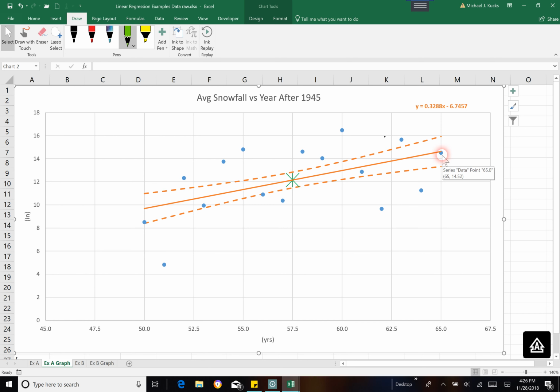Okay, so here's a picture of the blue dots, my raw data, and my trend line is the best fit line. It's the line that gets the closest that's possible to all of the data points. Here's the equation of that trend line. And then we do some calculations to figure out the fluctuations, the uncertainties. We figure out how much these dots fluctuate in the y direction from the trend line.